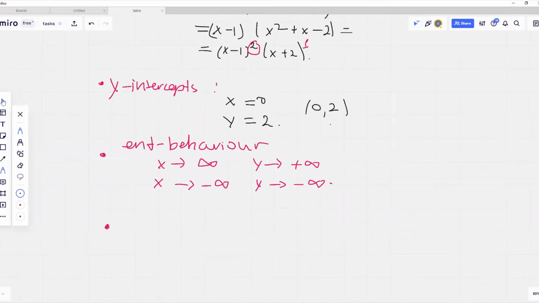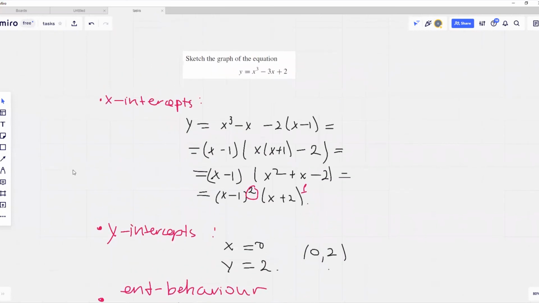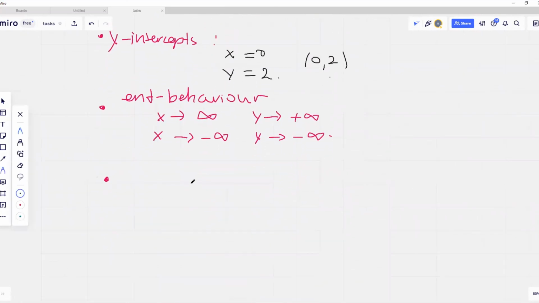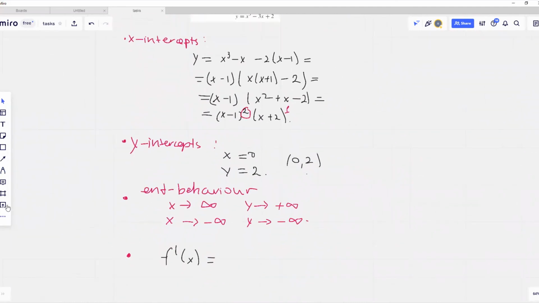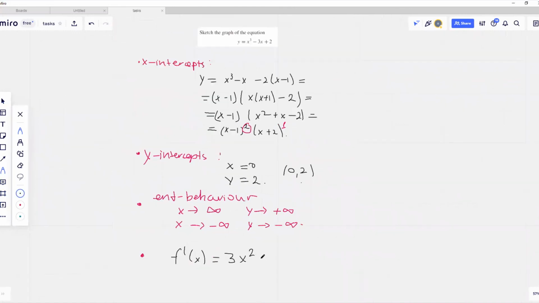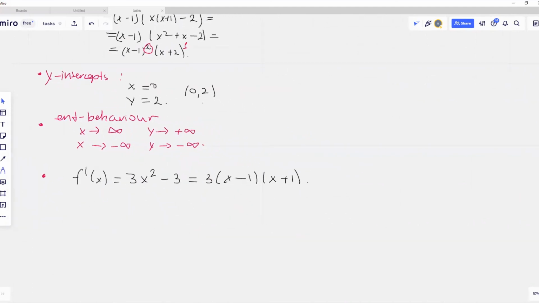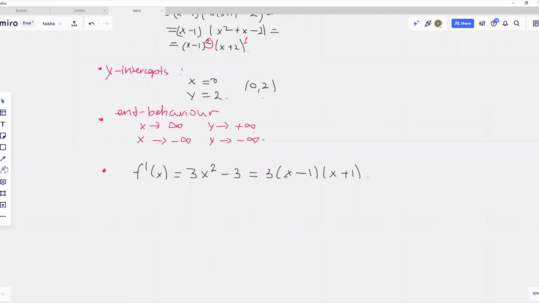Now let's find derivatives. So the first derivative is given as 3x squared minus 3. Factoring out 3, this is x minus 1, x plus 1. All right, so now let's study the signs of f prime.